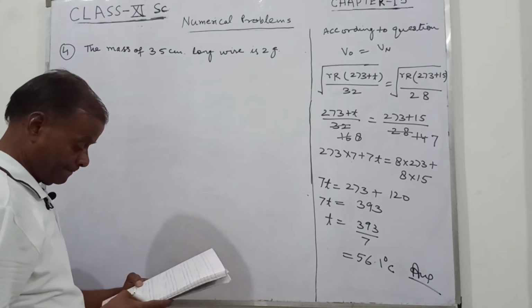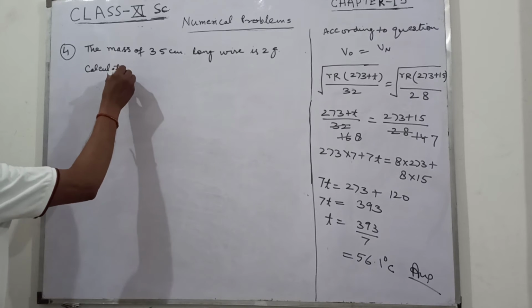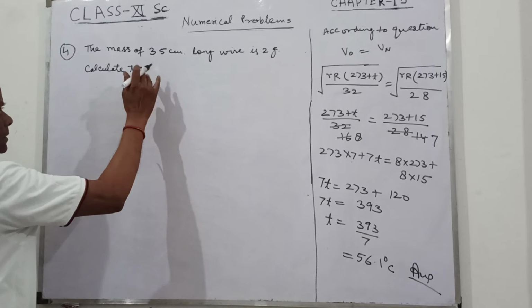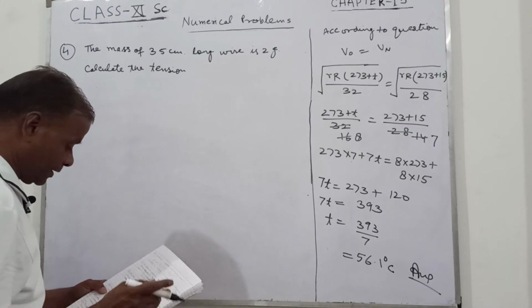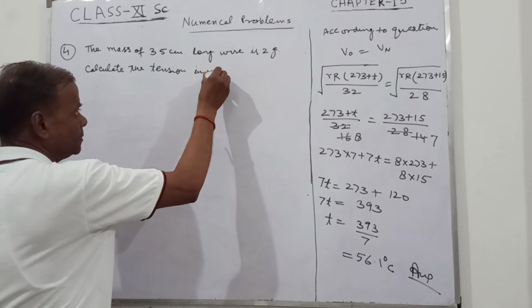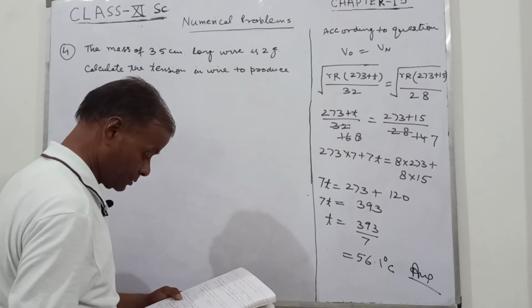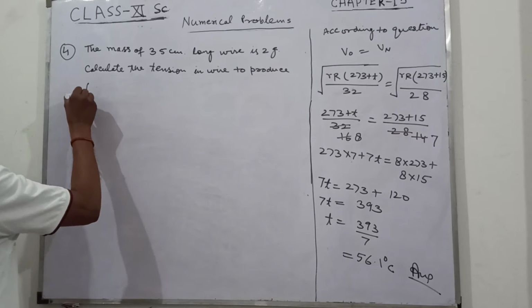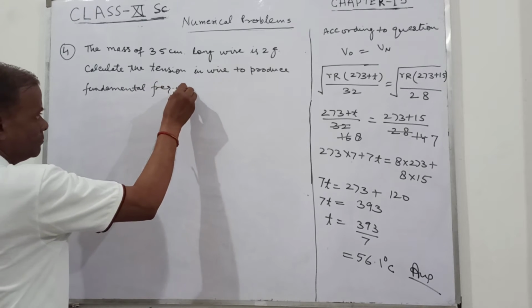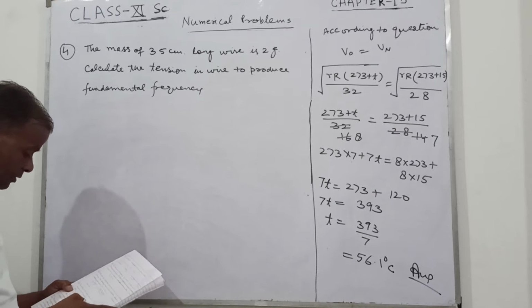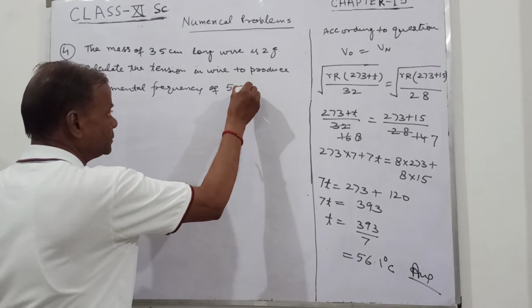Calculate the tension in the wire to produce a fundamental frequency of 500 Hz.